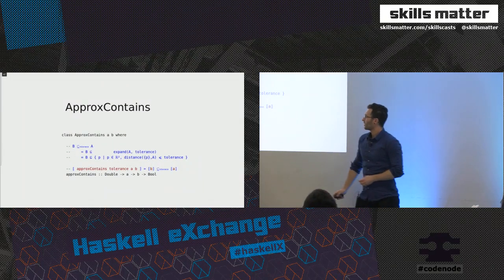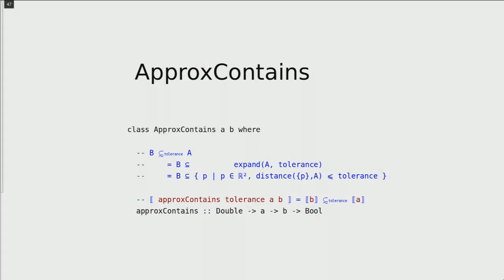So what about approximate containment, right? Now it gets a little bit trickier. The denotation I decided to give to it is to define this function expand, which takes a set and expands it intuitively.